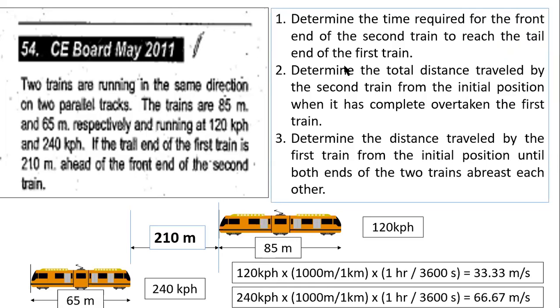Okay, so we have here another problem. Two trains.